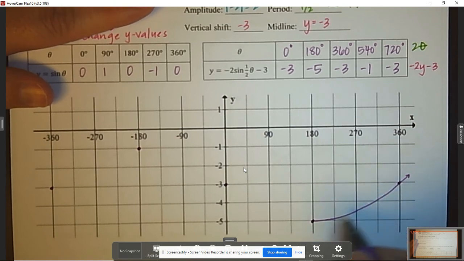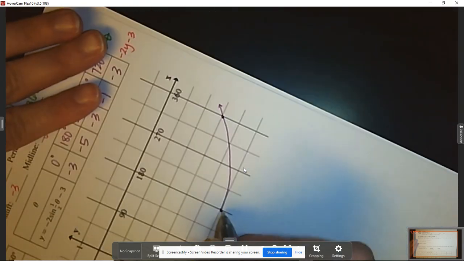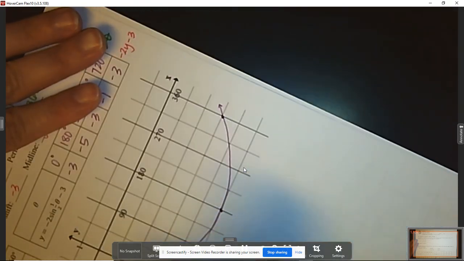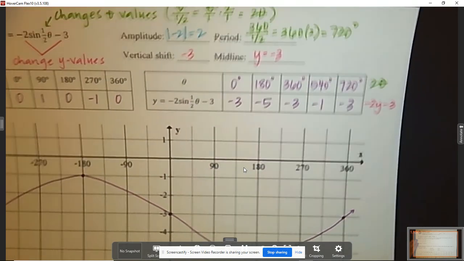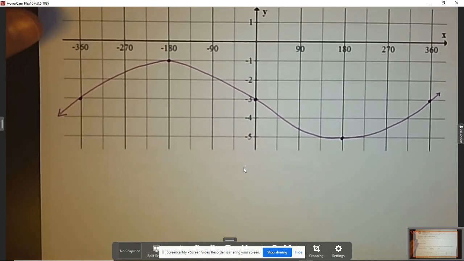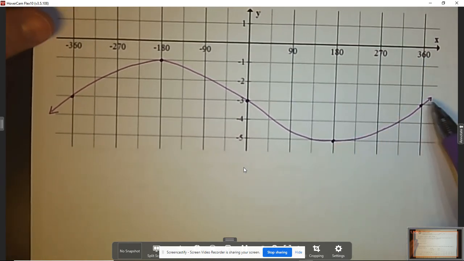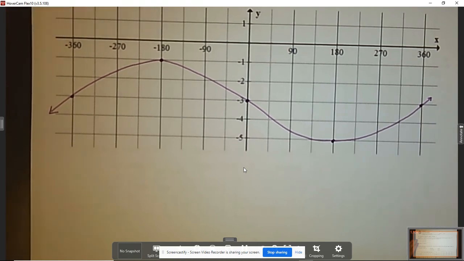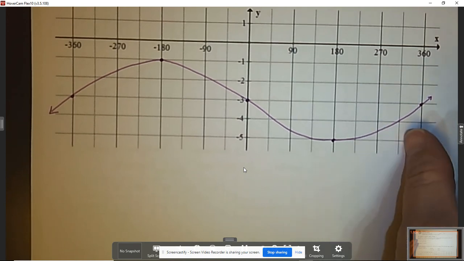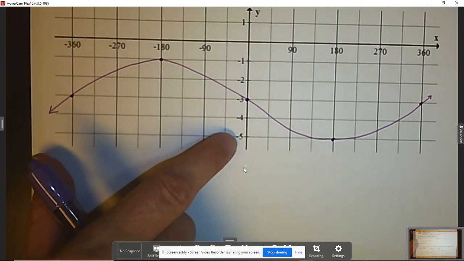So let me sketch it in. The next point on here would have been -1 and then back to -3. So basically the end of this graph is over here.